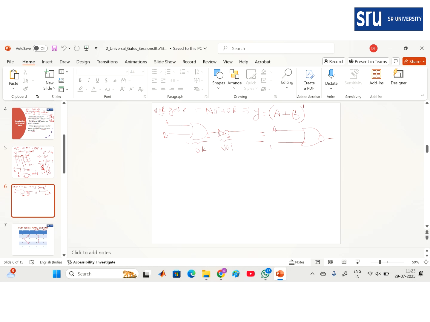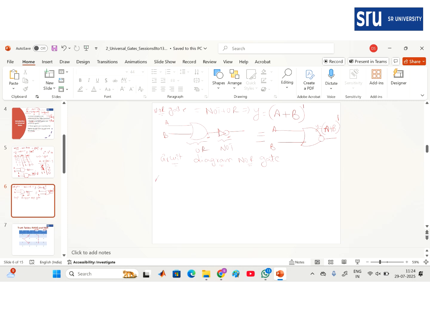A and B are the inputs. The output of this NOR gate is A plus B whole bar, that is the output Y. This is the NOR gate circuit diagram, right?